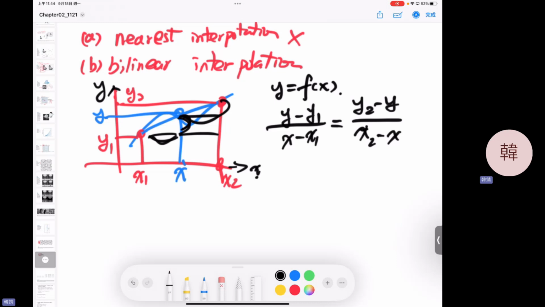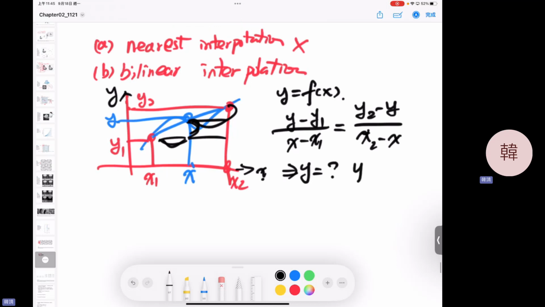Even though I know the original function, the blue line, is nonlinear, now you are going to interpolate the data between x1, x2, y1, y2. So you must think about the easy way. So we use linear interpolation. From here we can get this result. From this equation, easily you can get y equal to what? Could you please help me write down y equals some y0 plus something times y1 times y2.